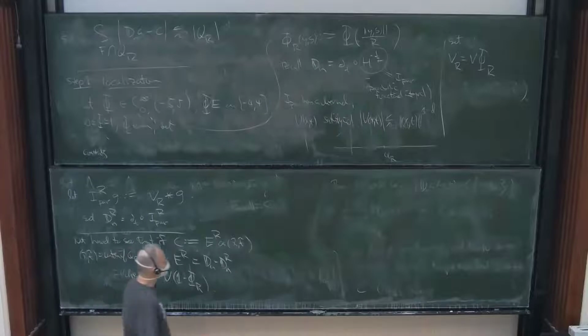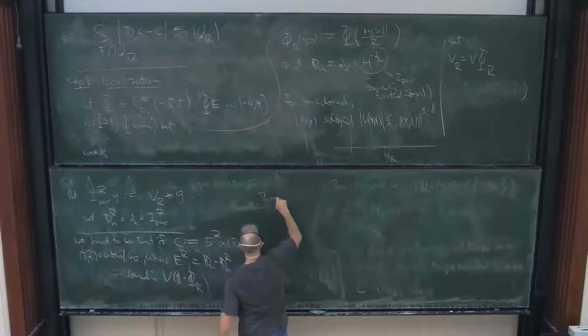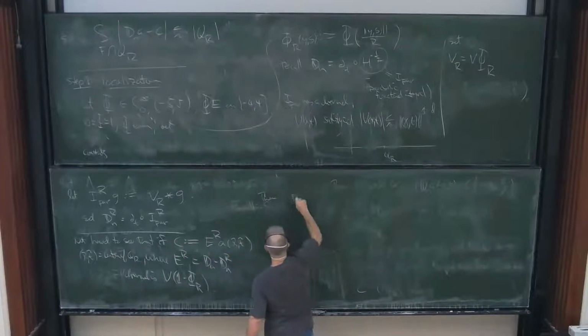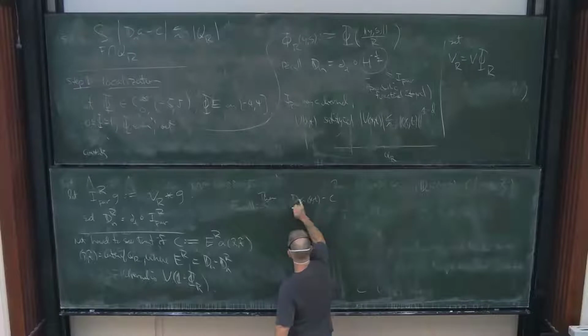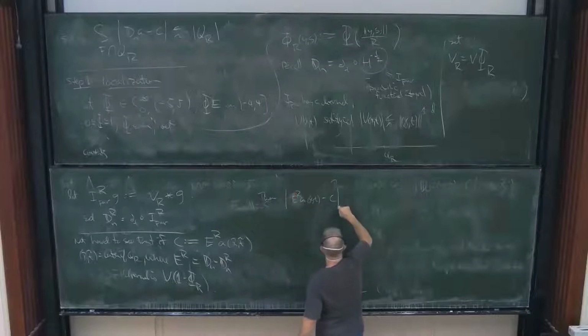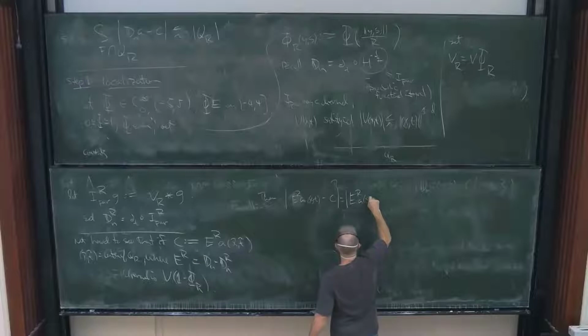All right. Then it's not hard to show that dna of (x, t) minus c, or sorry, not dna, ERA, equals ER of A of (x tilde, t tilde).